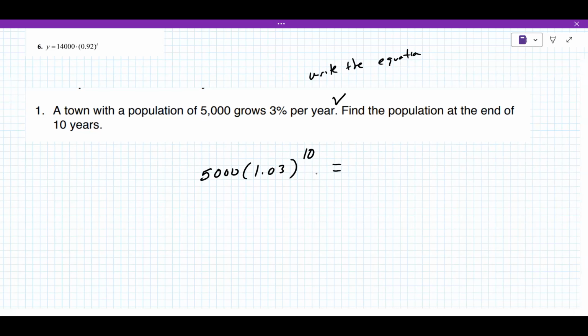So good. Could you calculate that for us, please, and round to the nearest human? We only want full humans in our answer.